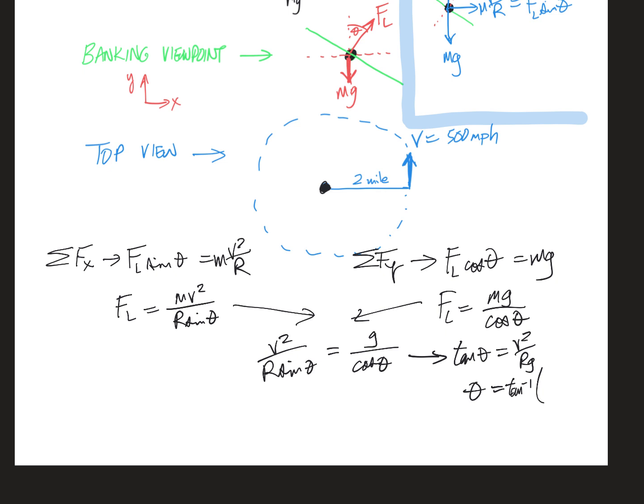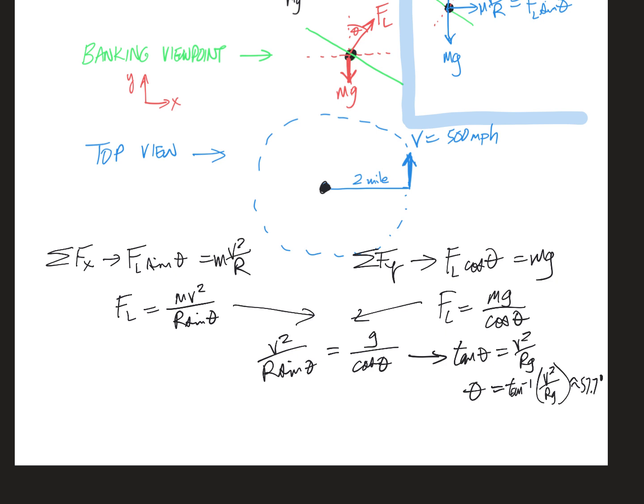The 2 miles would have to go to feet. G would have to go to 32.2 feet per second. Okay, so I'm not going to do all of that, but this is going to give us 57.7 degrees. That's what this pitch is. That's almost 60 degrees from the horizontal.